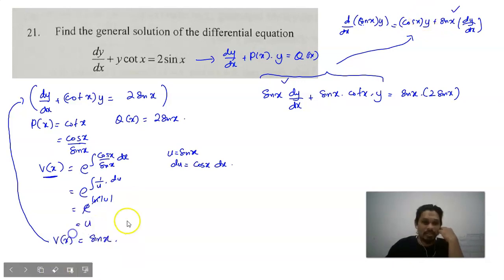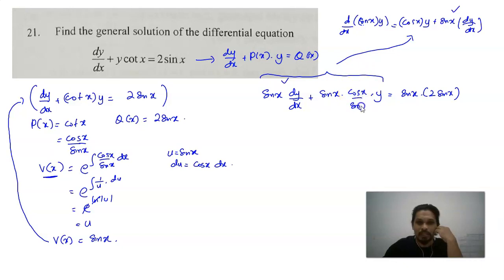Let's make an adjustment, where cotangent equals cos x divided by sine x. What can you see now? Cos x multiplied with y, cos x multiplied with y. Now both are equal on the left-hand side. So the derivative of sine x multiplied with y gives you cos x y plus sine x dy/dx.